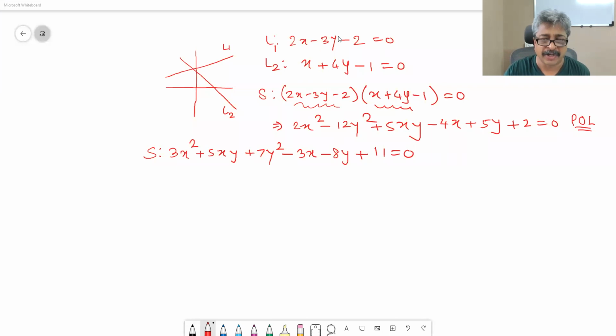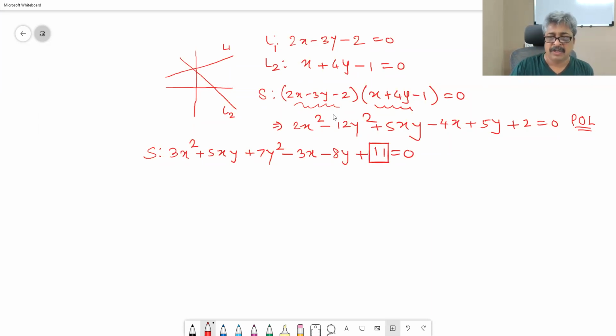Most probably it will not. Most probably this will not be pair of lines. Okay. So which particular term, if I adjust constant, I think we should deal with it and make it POL.